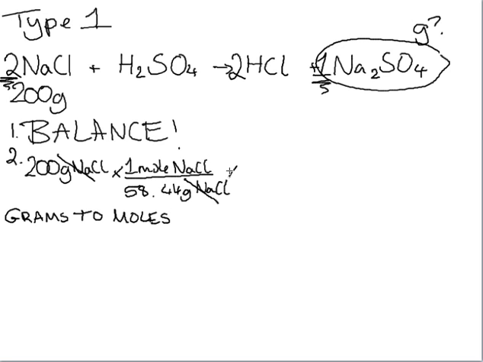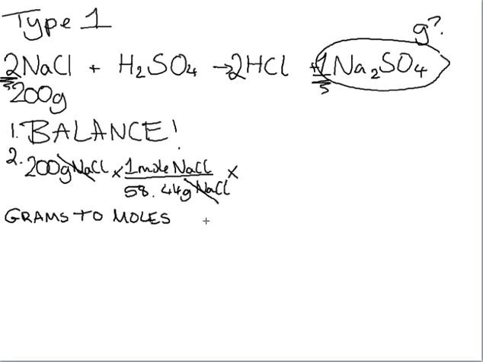So the next step is the ratio, the connection that we are using. Like I said at the beginning, the connection we have in this equation is the moles connection, the ratio.